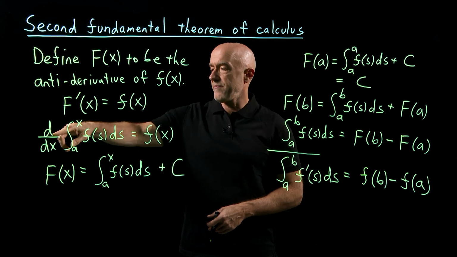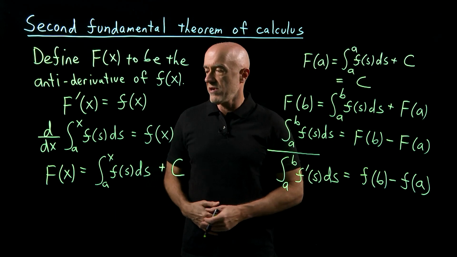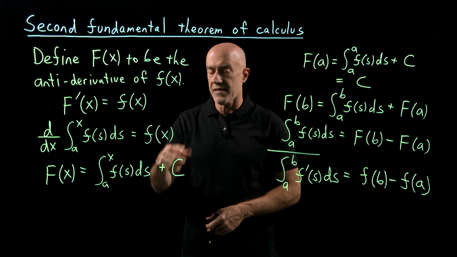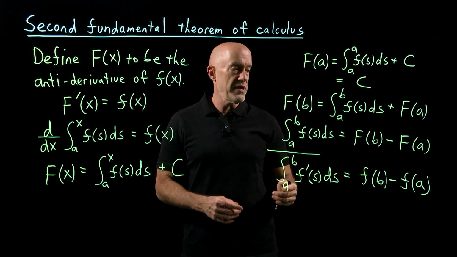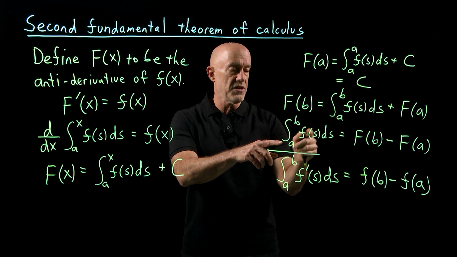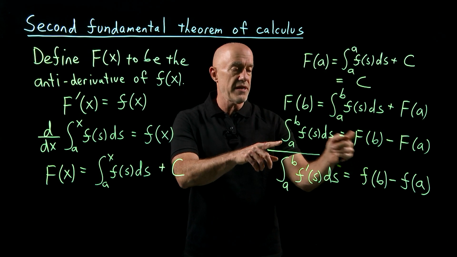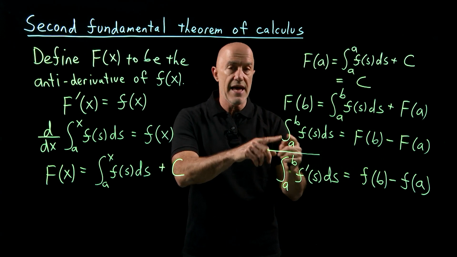So now, if we look at the first fundamental theorem of calculus, we see that the antiderivative is just the integral plus a constant. We can figure out what the constant is, and we get the integral from a to b of little f of s ds equals the antiderivative evaluated at b minus the antiderivative evaluated at a.